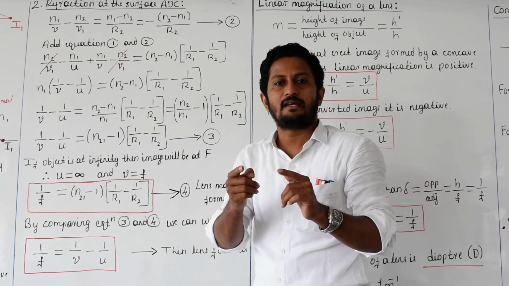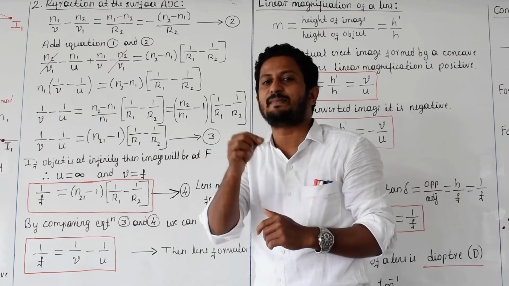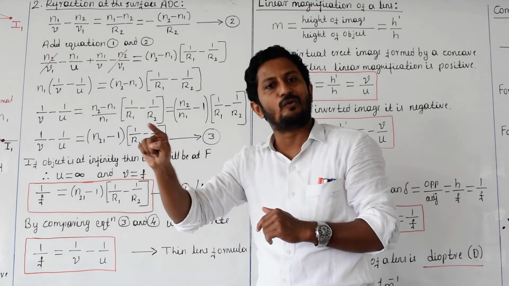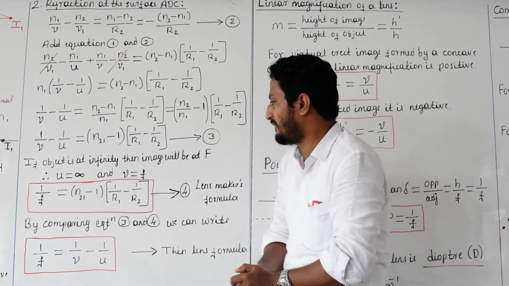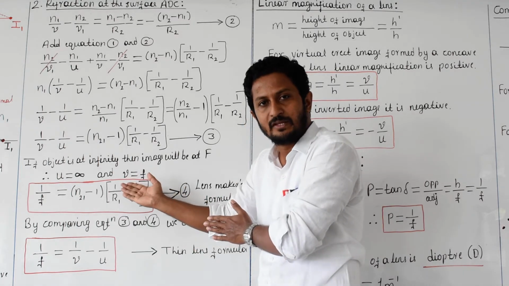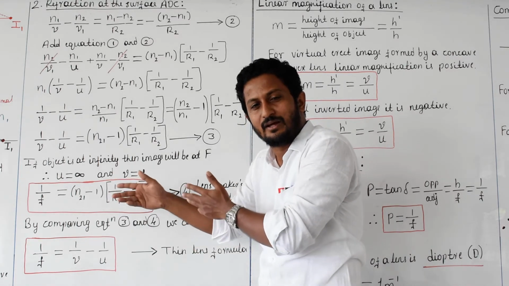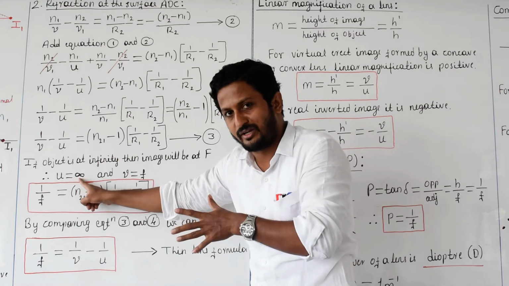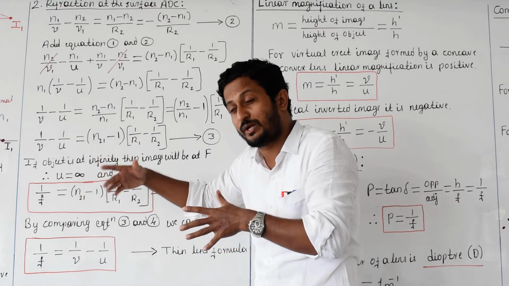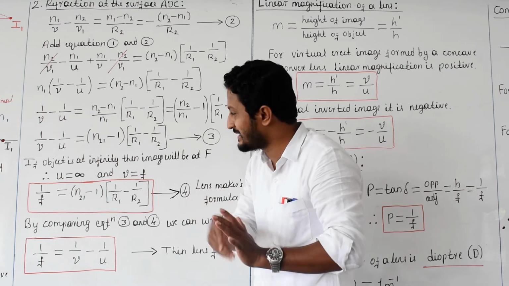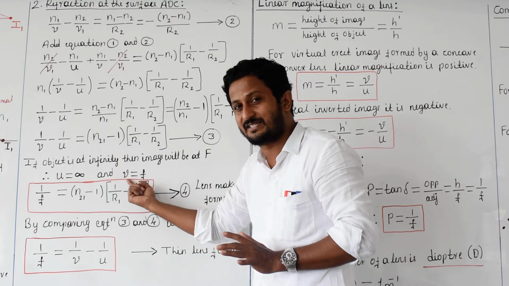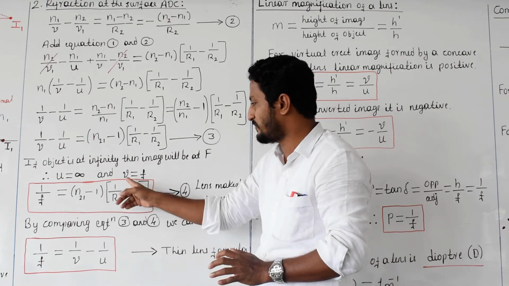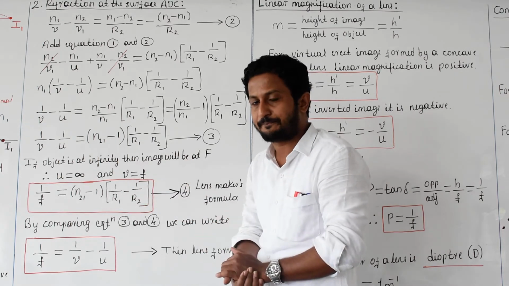That's why the image distance v is equal to the focal length f. When the object is at infinity, u is infinity, the image is produced at the principal focus, and the image distance equals the focal length, that is v is equal to f.